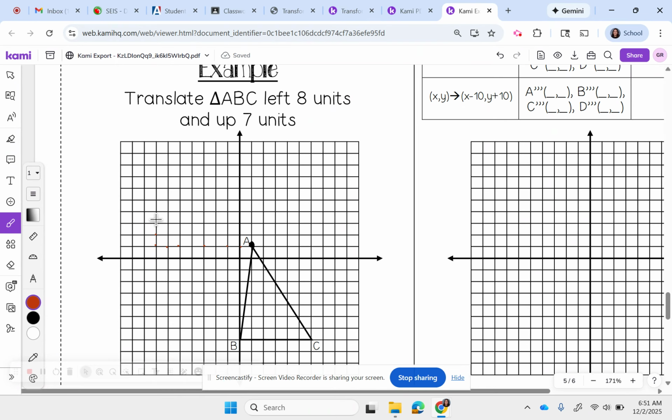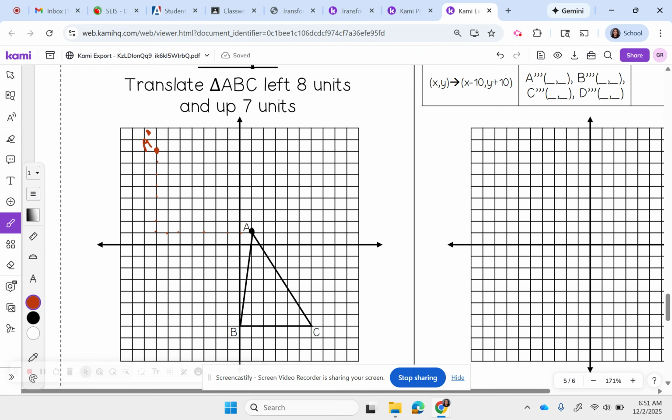So 1, 2, 3, 4, 5, 6, 7. I'm going to put my dot right there. And then I'm going to name that A, okay? And then once we go from our pre-image to our image, right, to differentiate, we'll add a 1 next to our letter, okay?